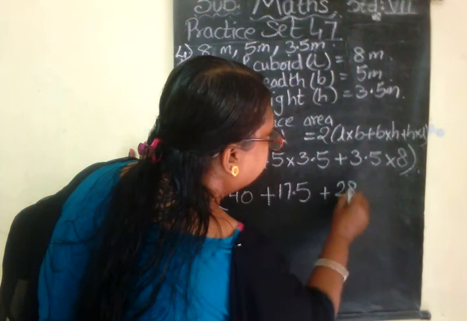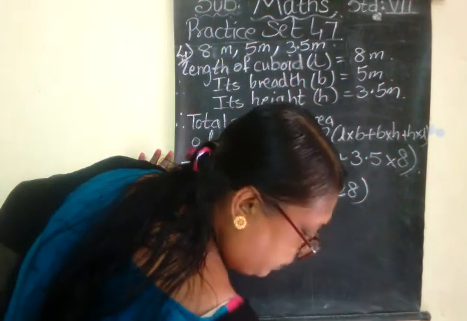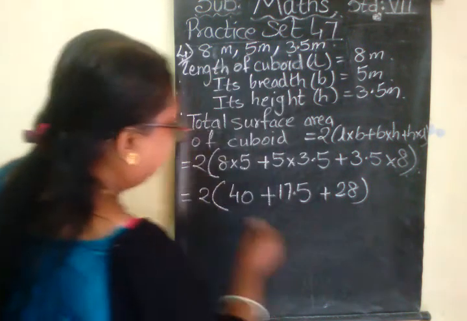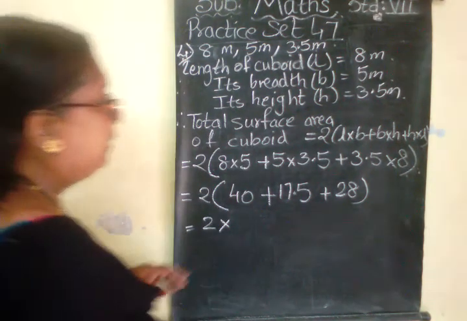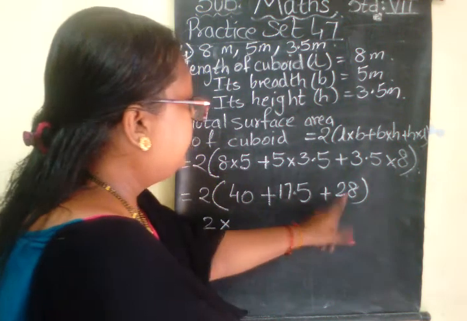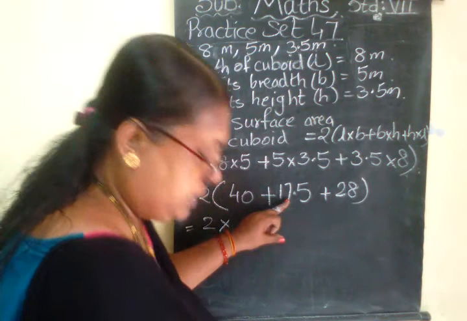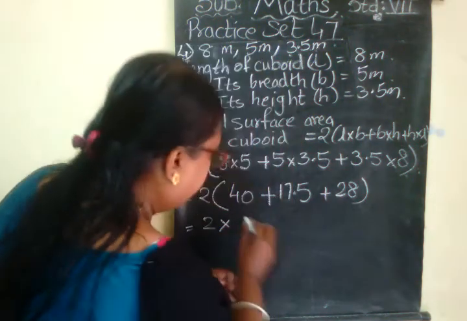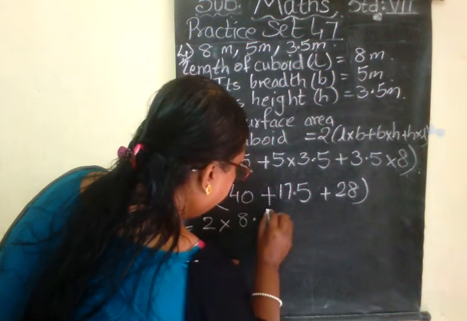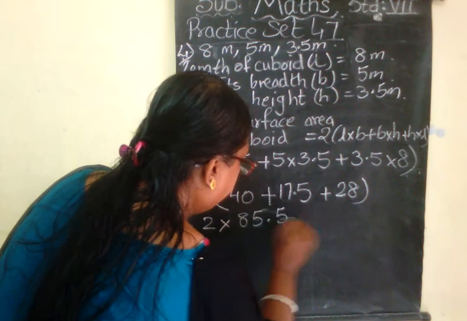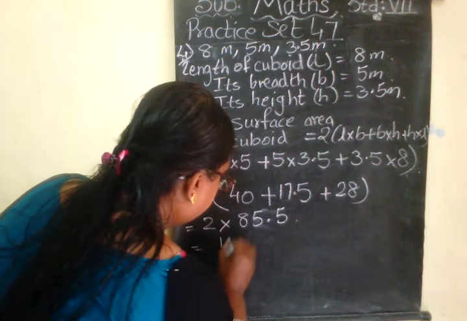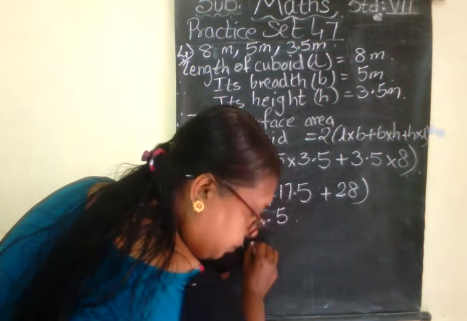You get the answer as 28, and this total gives me 2 multiplied by 40 plus 28 is 68, 68 plus 17.5 gives you 85.5.